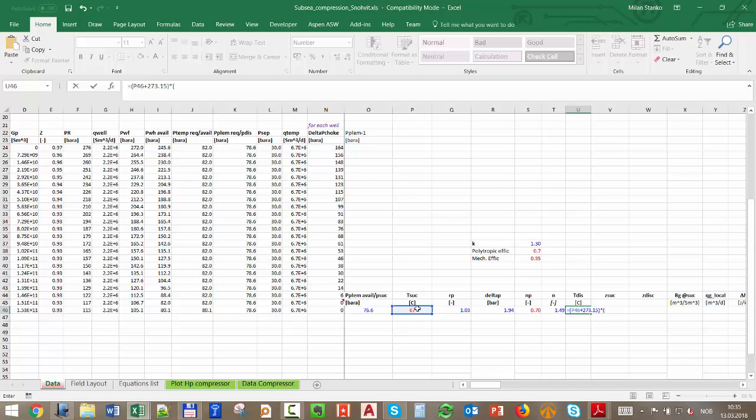times RP to the power of the polytropic. Be careful, we have to use the exponent, not the efficiency. The exponent is the one that describes the polytropic process. Minus 1 divided by the polytropic exponent again, close parenthesis, close one more, and that number is going to give me Kelvin, right?